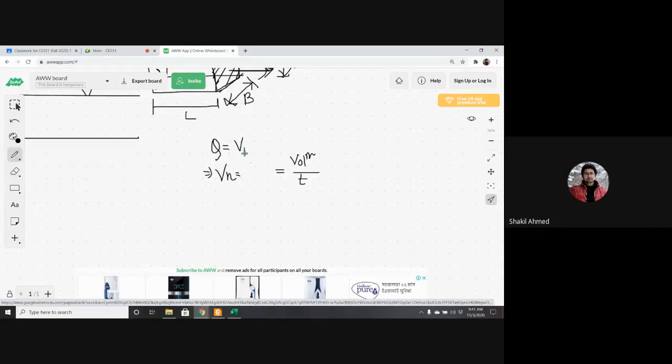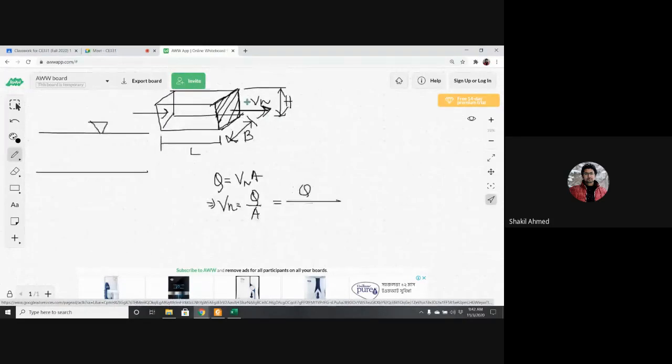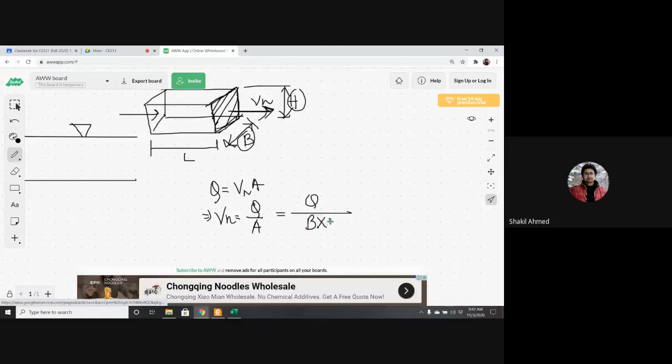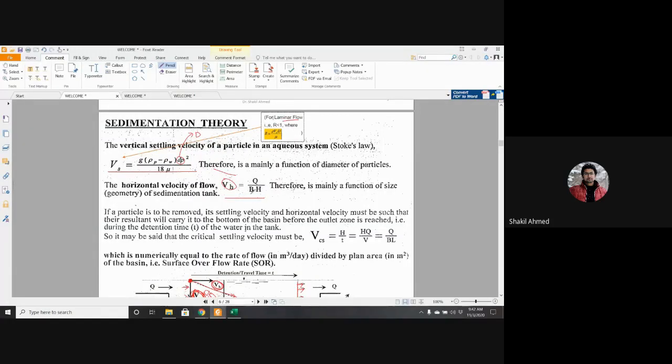Q equals Vh into area, so Vh equals Q over area. The area is B into H. So the horizontal velocity is Q divided by B into H.